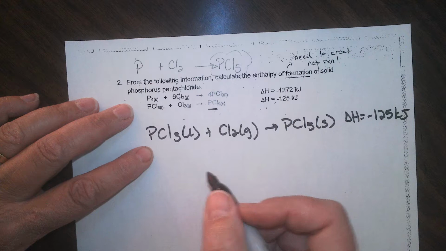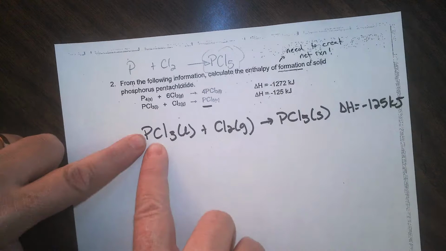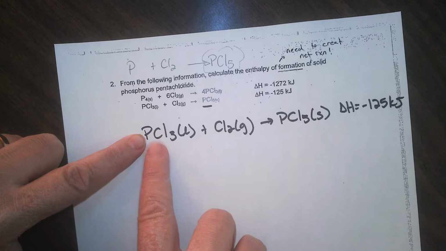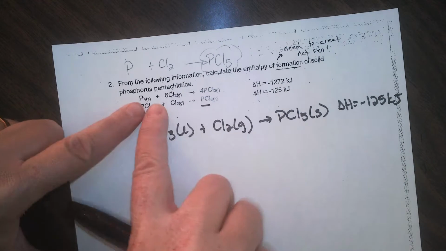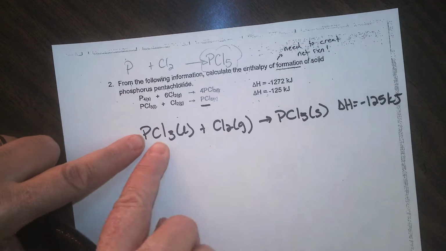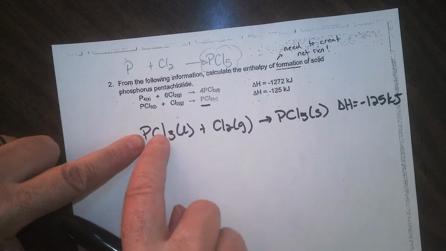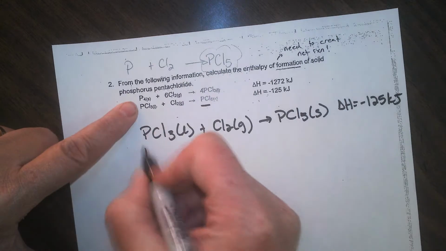This is not a formation reaction because this is phosphorus trichloride. Okay. So how do I get rid of this? I also write this reaction going forward so that I have, because this is a reactant, I need something that has this as a product, which happens to be this equation.